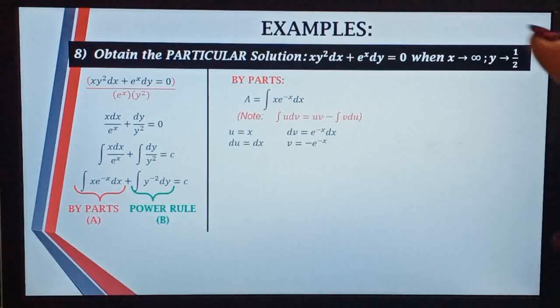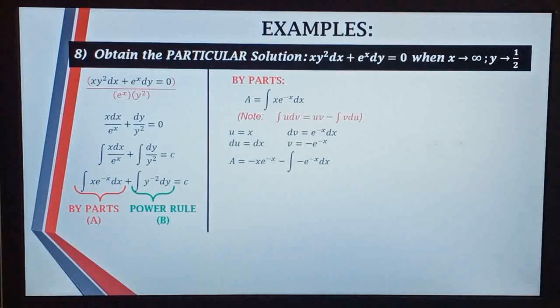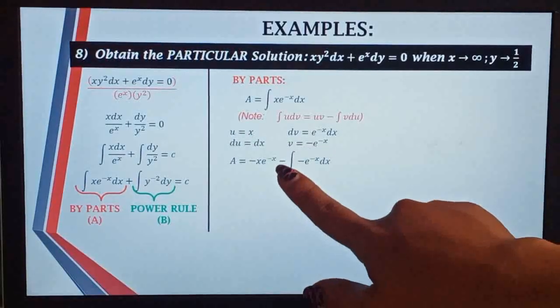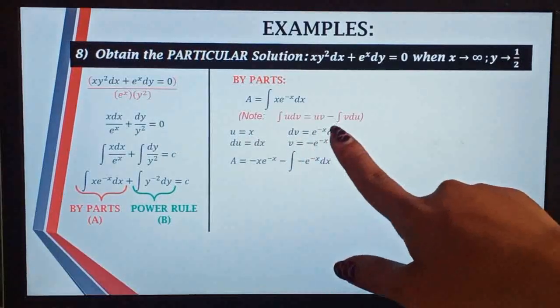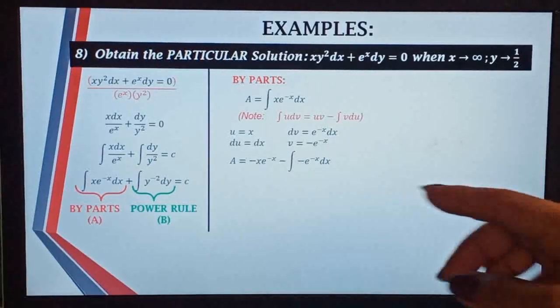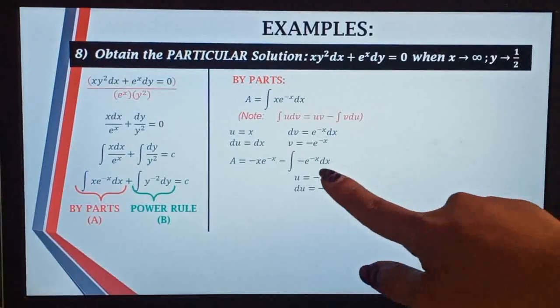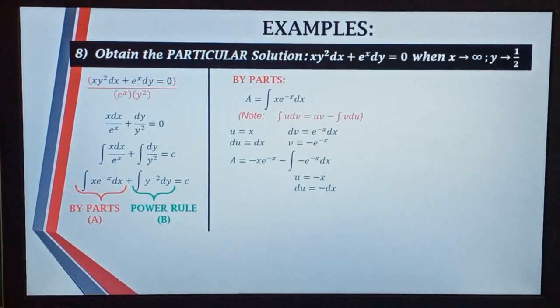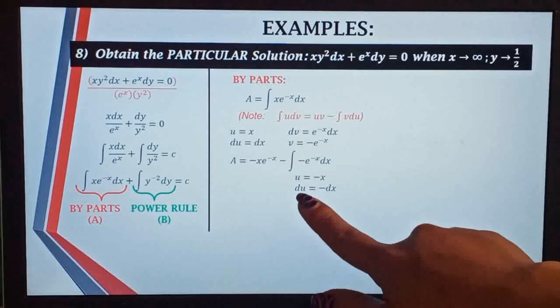So susundin lang natin yung formula ni by parts. You will now have A equals negative x e raised to negative x, that's uv, minus the integral of v du, which is negative e raised to negative x dx. So dito, papatak lang to na e raised to u, wherein your u is negative x, your du is negative dx.